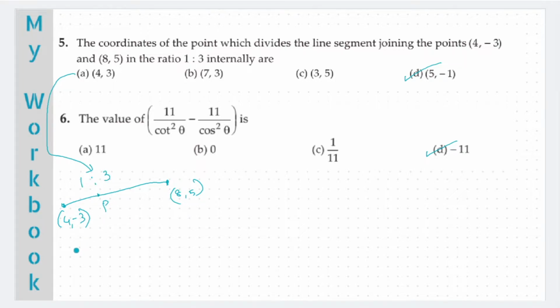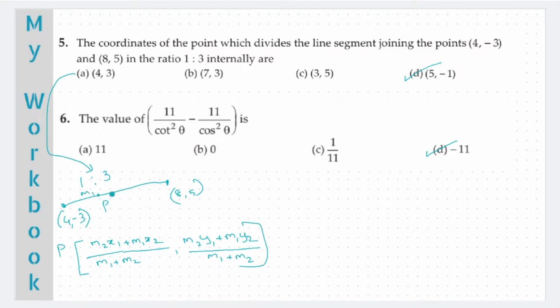So the coordinates of P are given by m2 x1 plus m1 x2 divided by m1 plus m2, and m2 y1 plus m1 y2 divided by m1 plus m2.